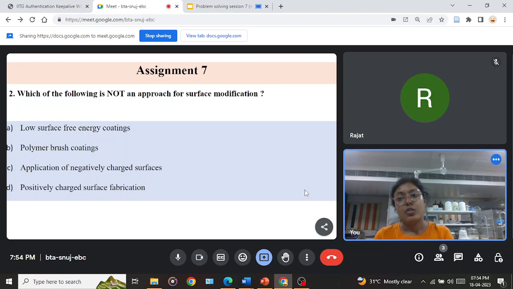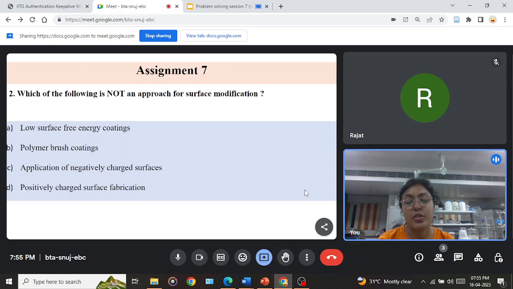So basically low surface free energy coatings help in attaining the modification of the surface, right?